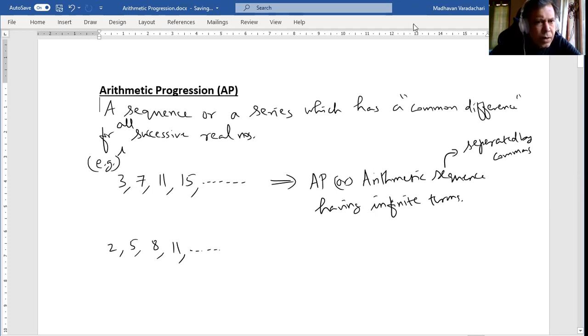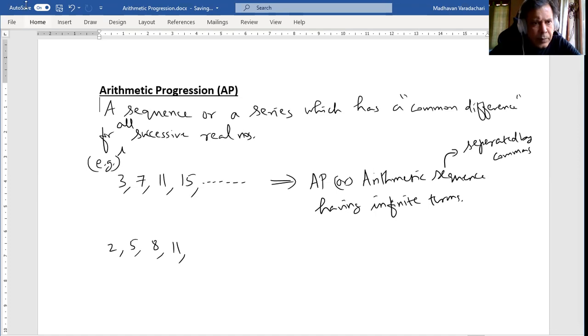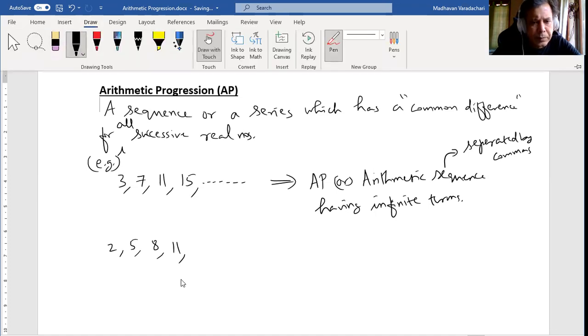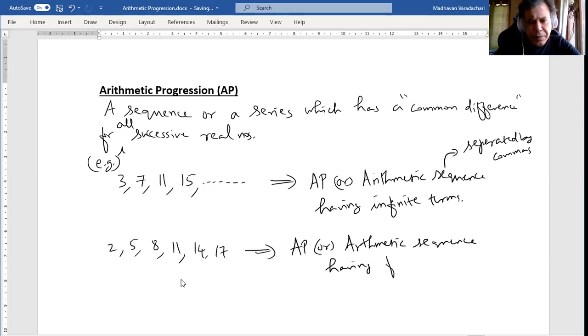And instead of so on, let me end it with something: 14, 17. This is an arithmetic progression, or to be very specific, an arithmetic sequence, again having finite terms.